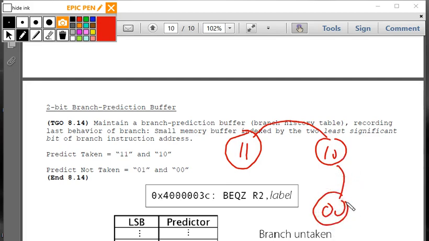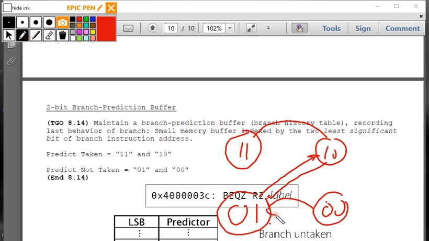So 0, 1, if you guess wrong here, go that way. So what's going to happen is you guess wrong, you go to taken again. If you guess right, you go back to the very strong taken.